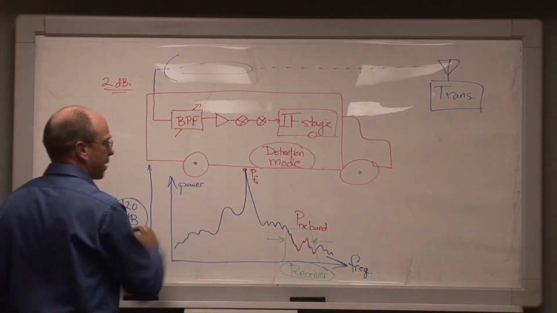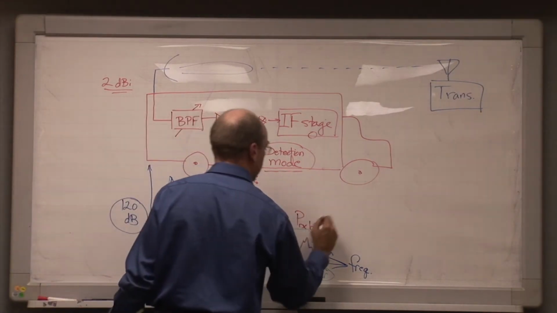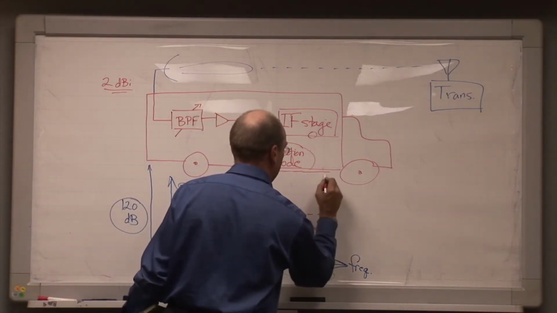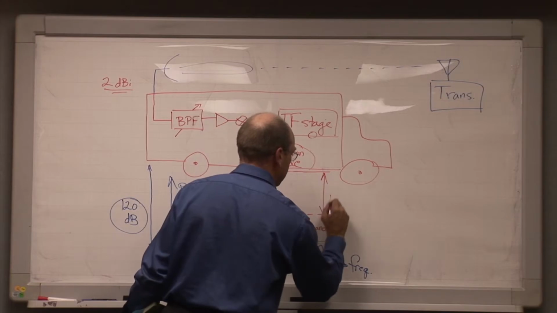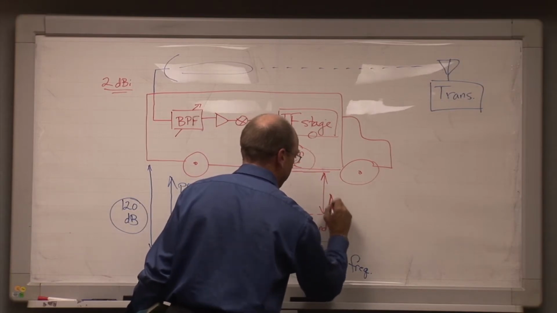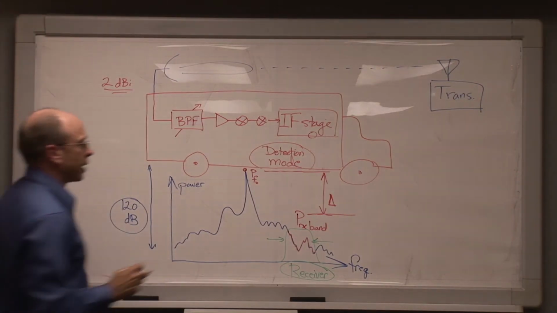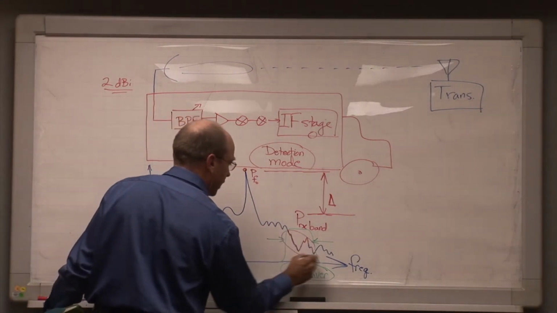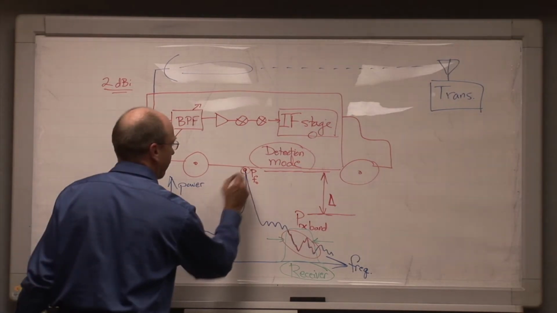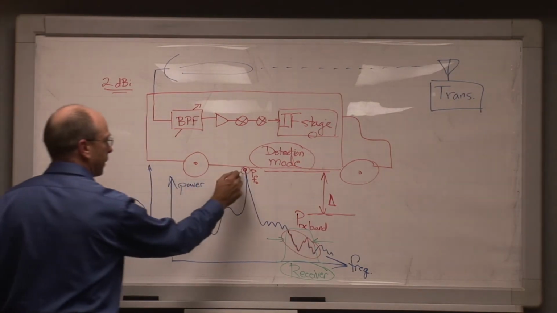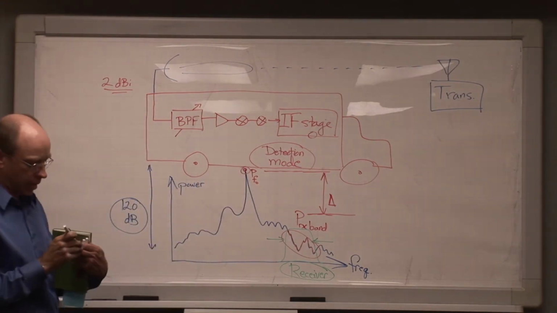And we'll assume that these are decibel measurements, so here we get this power level, here we get this power level, and what do we have between the two? We've got the delta. We've got the offset. We know what the power level of these emissions in this part of the spectrum is relative to the power level at the fundamental operating frequency.